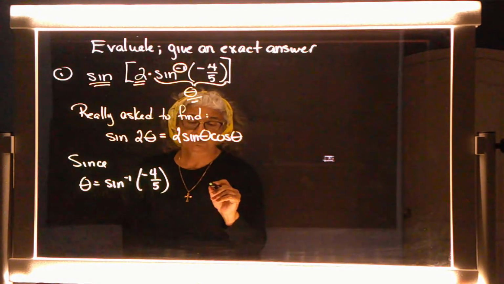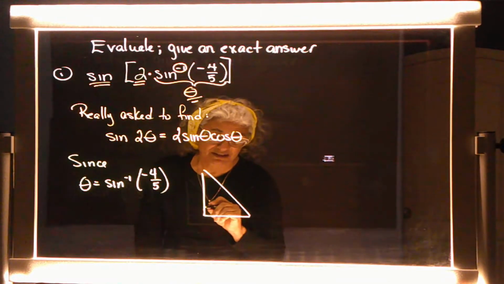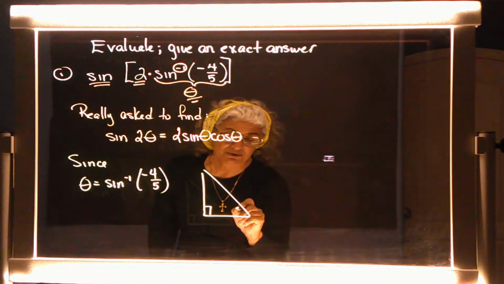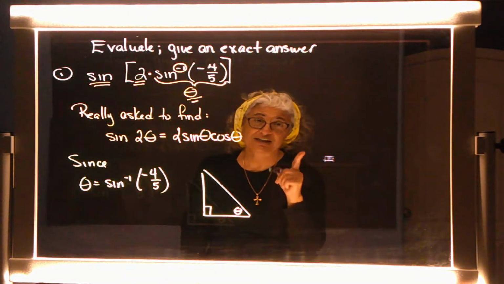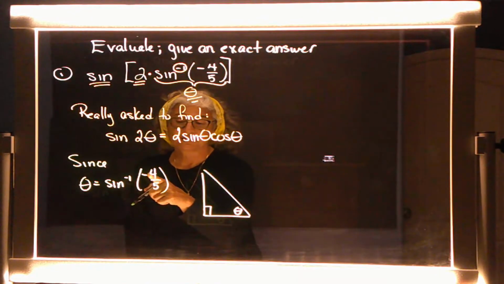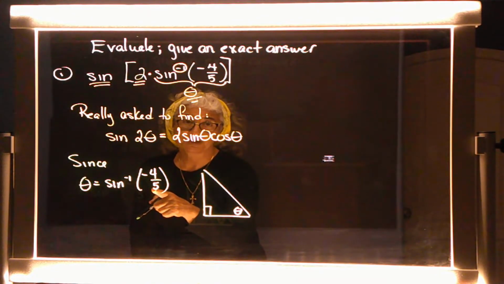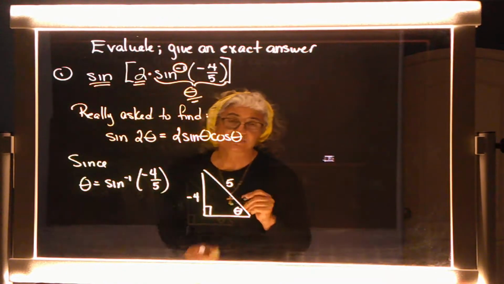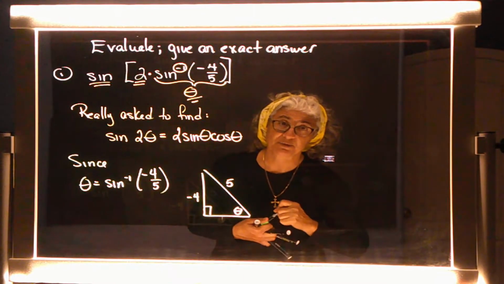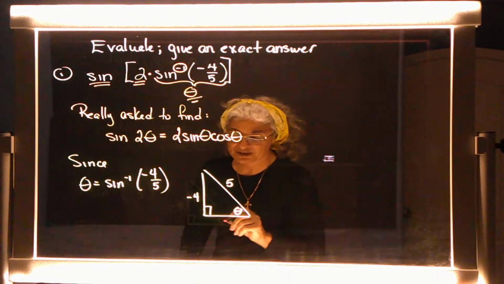So I am going to draw my own triangle, and my triangle is a right triangle. I always put theta here. That's just my consistency. And since they were talking sine, sine is opposite over hypotenuse, right? Remember, the hypotenuse is always positive. And that leaves me to find this unknown side.